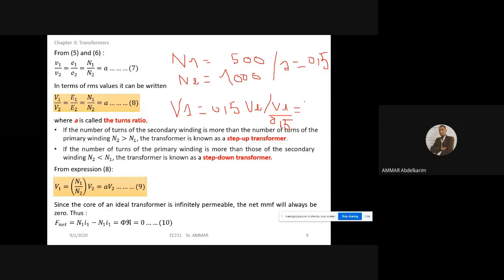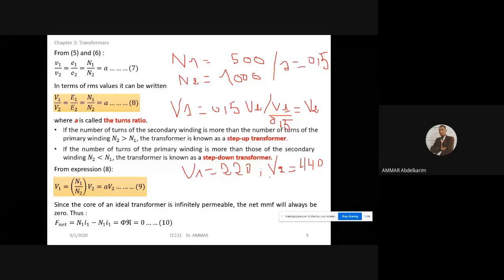If V1, for example, is 220, V2 becomes 440 volt. This is the first case, step up. Is it clear? Yes, sir. Okay, alhamdulillah.